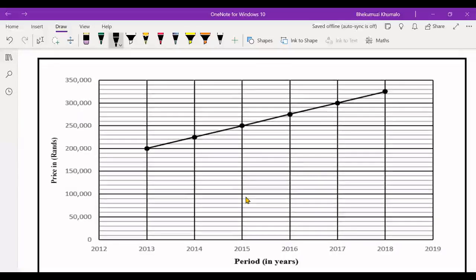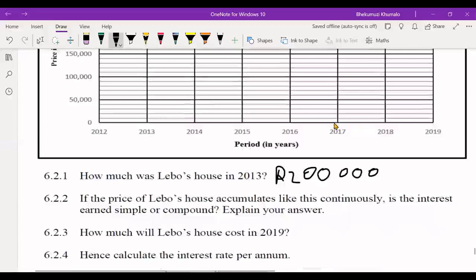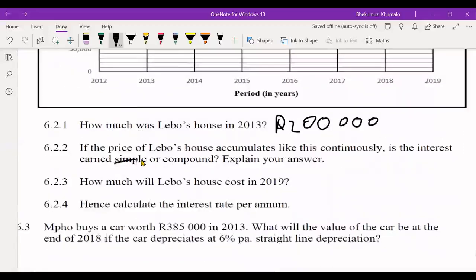The value of the house is growing, but it's growing as a linear graph.